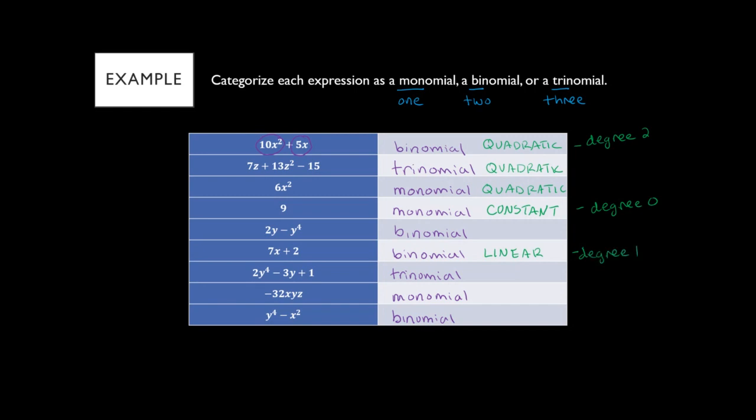So if we go back to where we were rearranging these from the highest to the lowest, the degree is what determines whether you call it constant, linear, or quadratic.